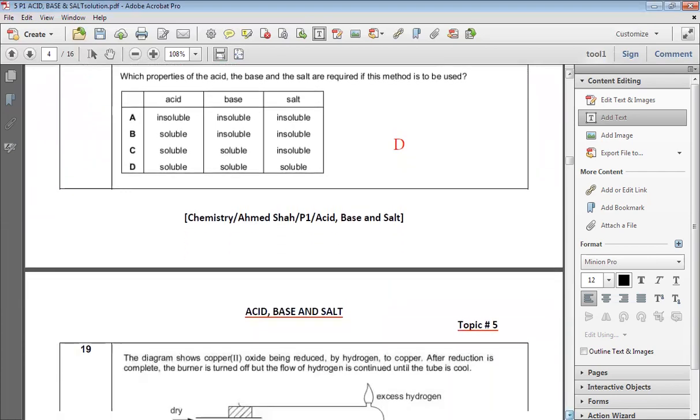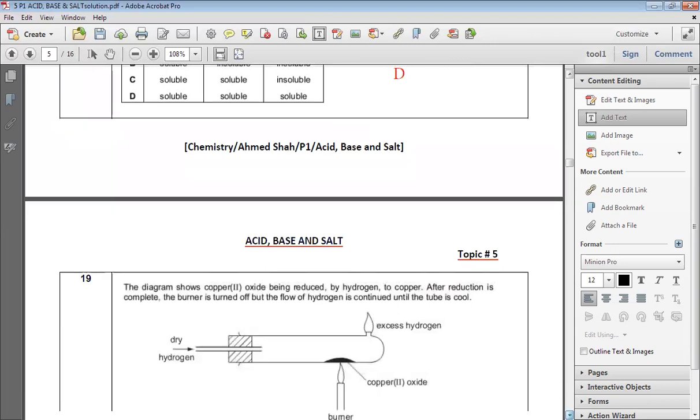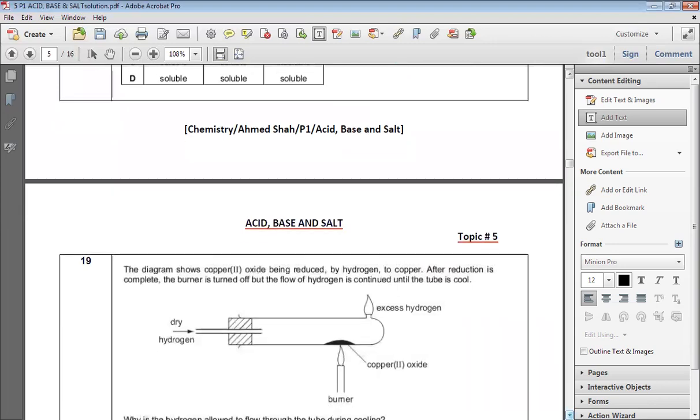And the excess method, if you remember, guys, should be used when the metal oxide and metal carbonate are insoluble in water. Then acid can react with them. They produce a different type of compound, but the salt which is produced should be soluble.